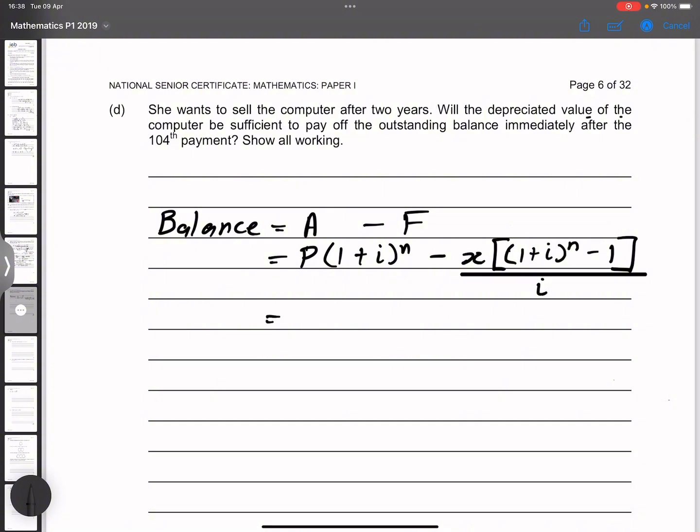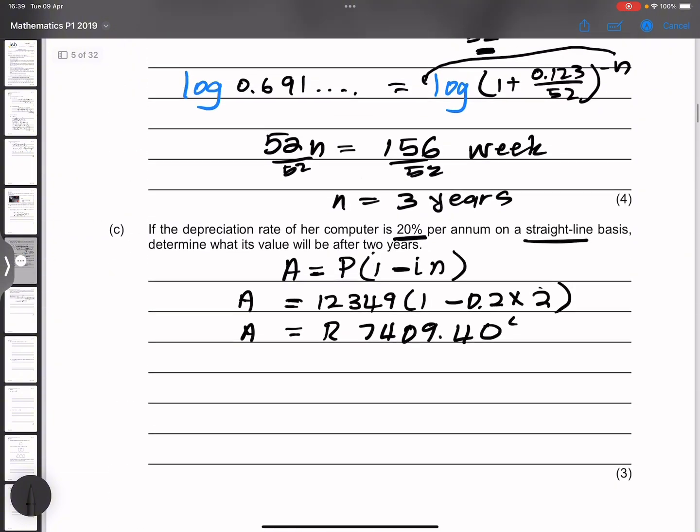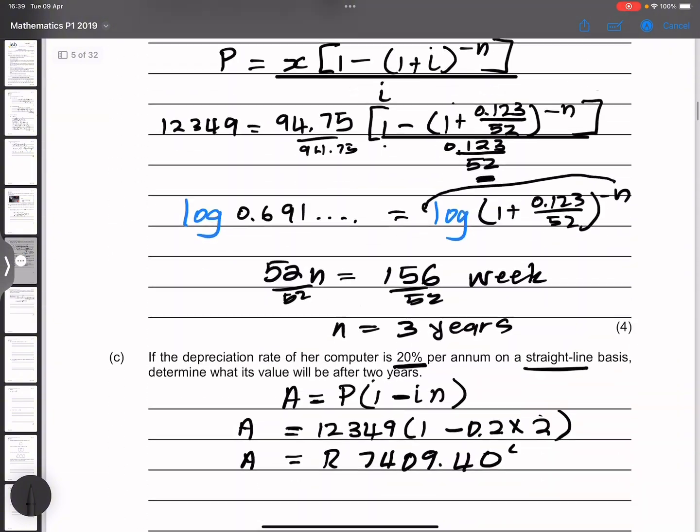So in this case, that's 12,349, 1 plus, now remember the interest, 0.123 over 52. But this is after 2 years, ladies and gents. So how many months is that? That will be 104 months. So we want to know after she's actually been paying for 104 months. Now, how much is she paying? She's paying 94 rands and 75 cents.